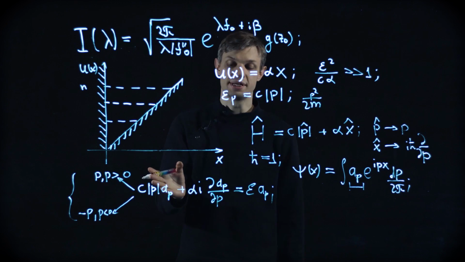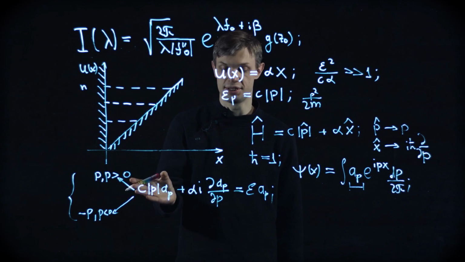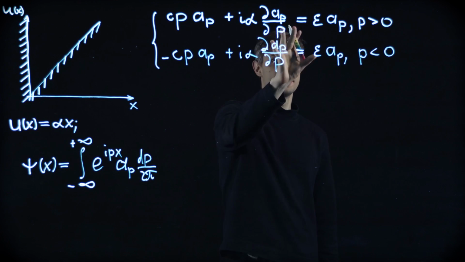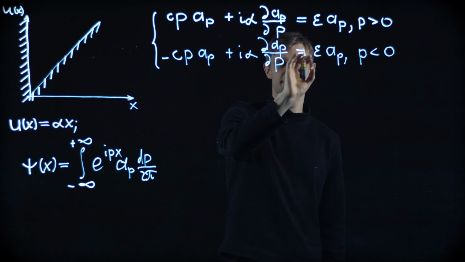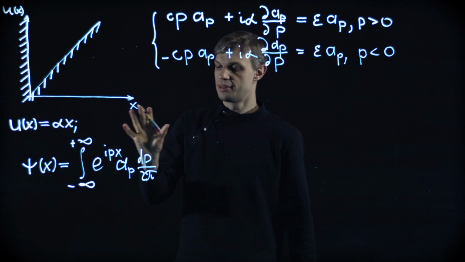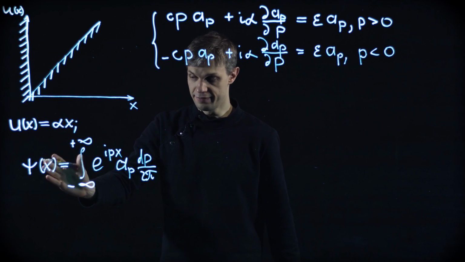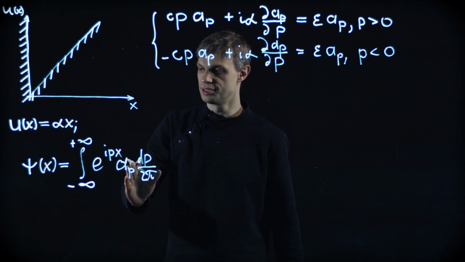You may write down the solution of this equation by yourself in a minute. So here are our equations for positive and negative momentum. Here is again the connection between the wave function in coordinate representation and in momentum representation.